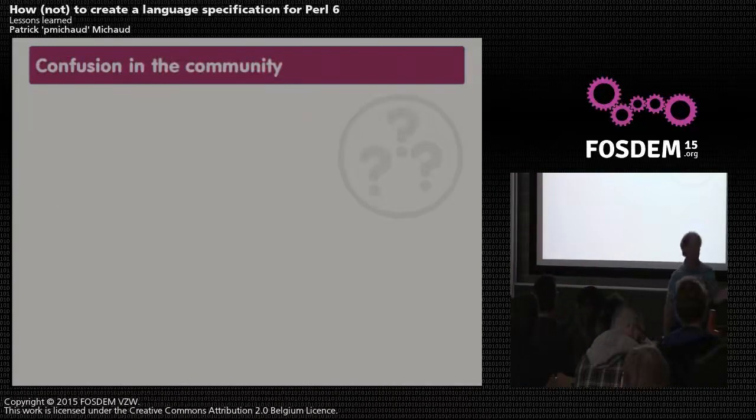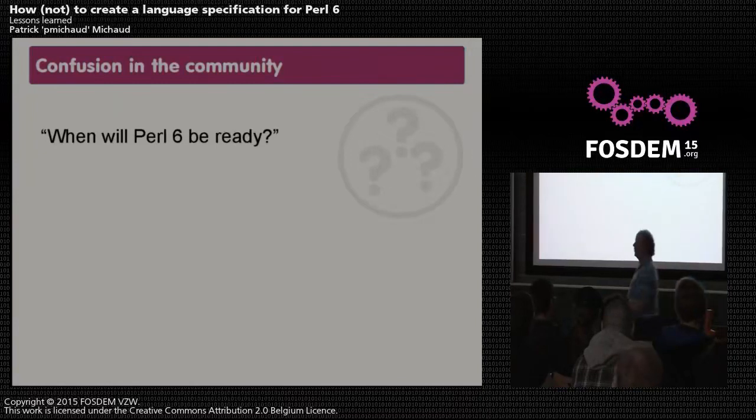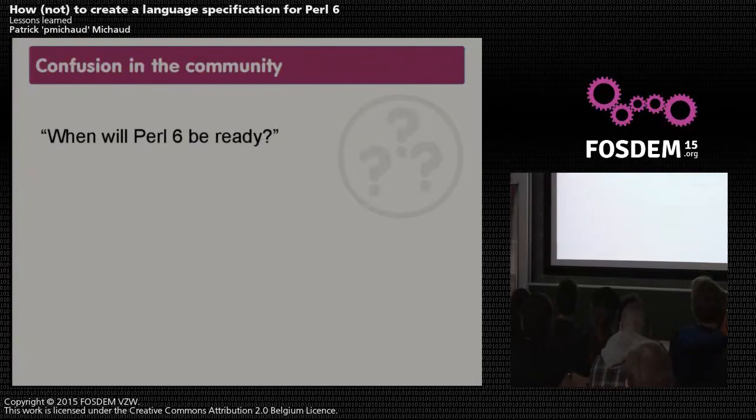Now, there are other sources, right? But the number one question I always hear when talking to somebody outside the Perl 6 community about Perl 6 is, when will it be ready? You still ask this, when will Perl 6 be ready? And you say, well, we're working on it, and we're busy putting together a specification, and we're still figuring out the design, and we're still working on the implementation.